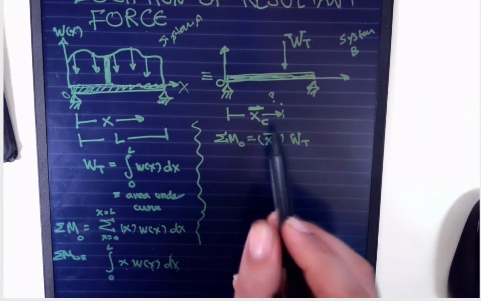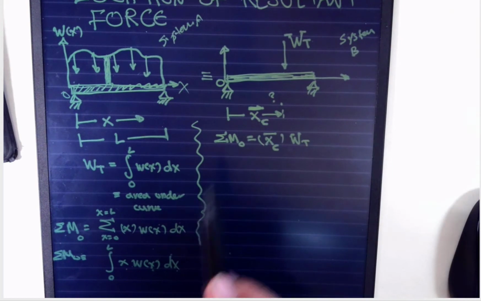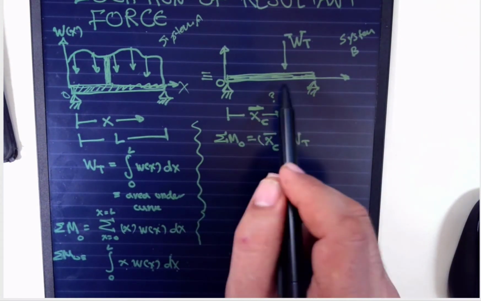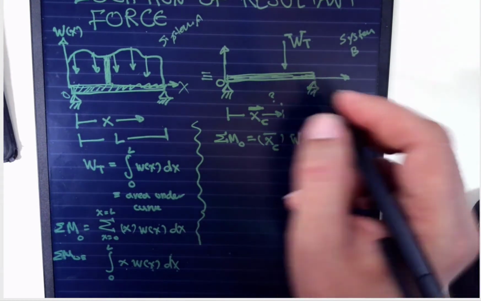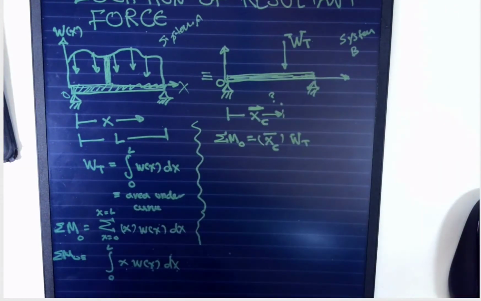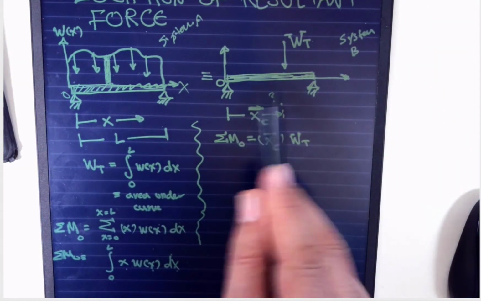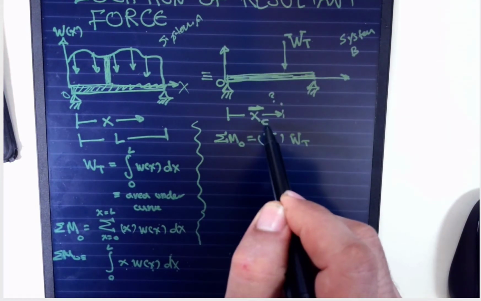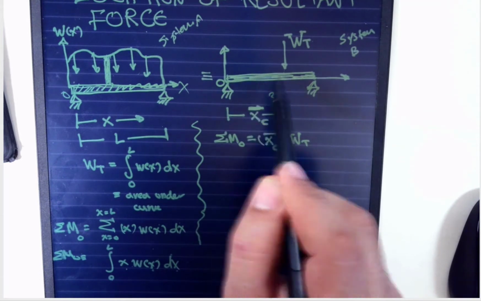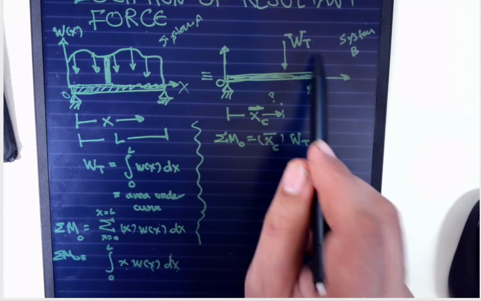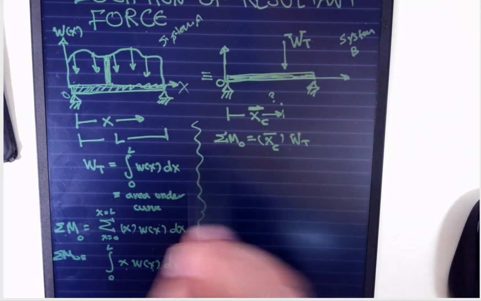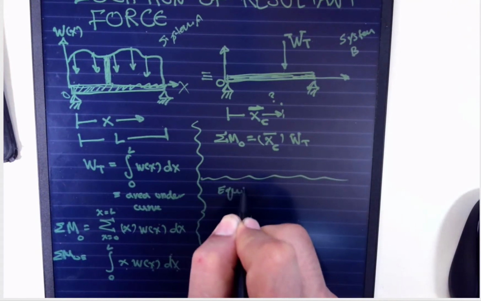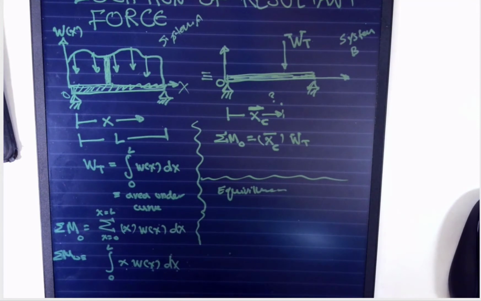To calculate the moment of that WT, we just simply, in scalar form, since this is a single load problem, multiply the orthogonal distance, which is x bar c, remember, d, by the WT. So for both systems to be equivalent, the following has to be met.